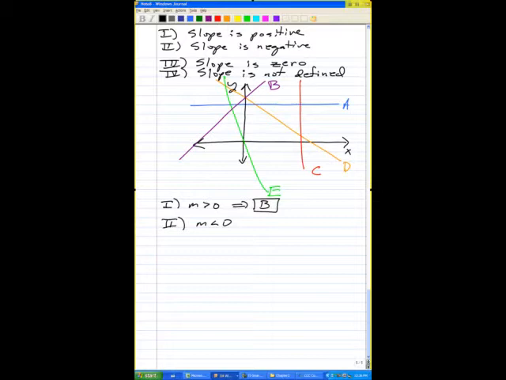Well, the only slopes that are negative are D and E. Okay. Next, slope is 0, so that would be a horizontal line. Well, the only horizontal line is A, and the slope is undefined. So the only vertical line is C. Okay.